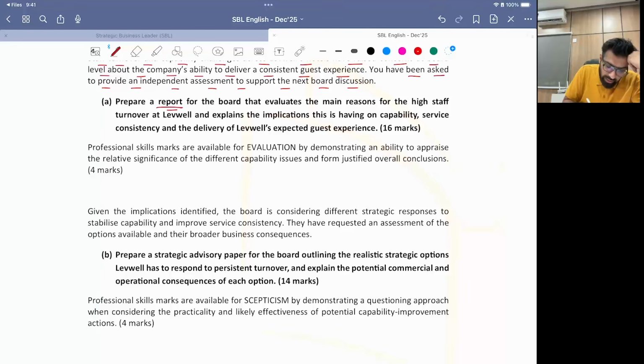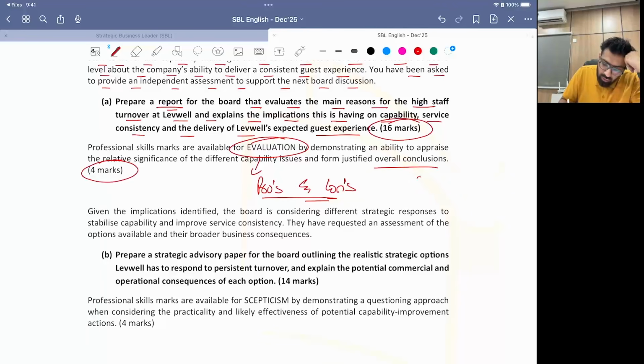Prepare a report that evaluates the main reasons for high staff turnover at Levwell and explains implications for capability, service consistency, and guest experience. That means pros and cons, right? Overall conclusion for 4 marks. For 16 or 20 marks, I'll write at least 15 points.